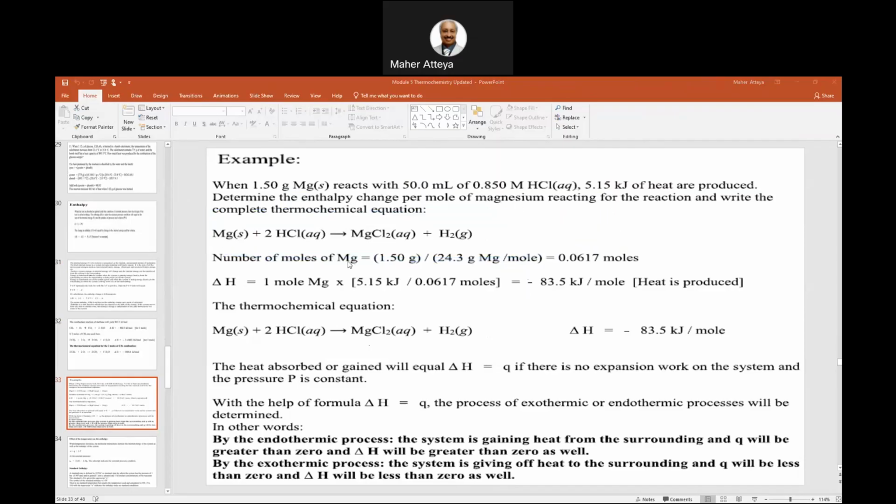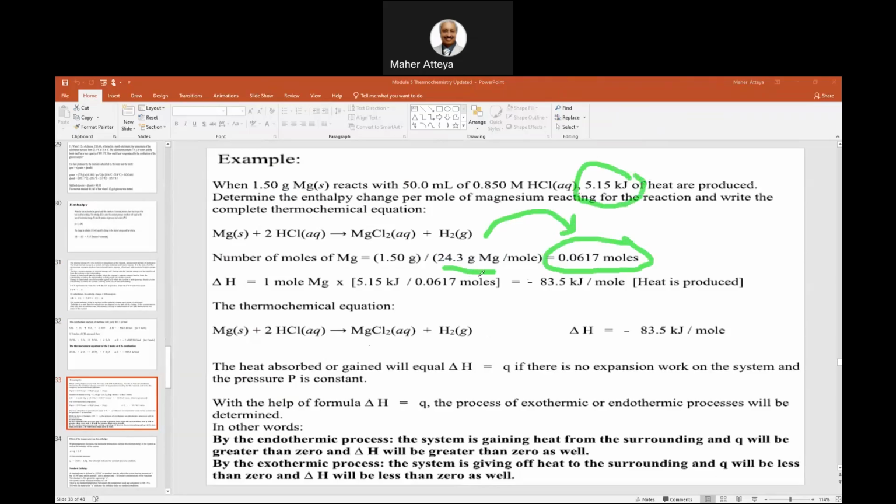So we transfer the grams first into moles. Let me change the color here a little bit. Don't sleep on me here. I'll keep changing the colors. So we divided the grams by the atomic mass of magnesium to get the number of moles. But I have here kilojoules.